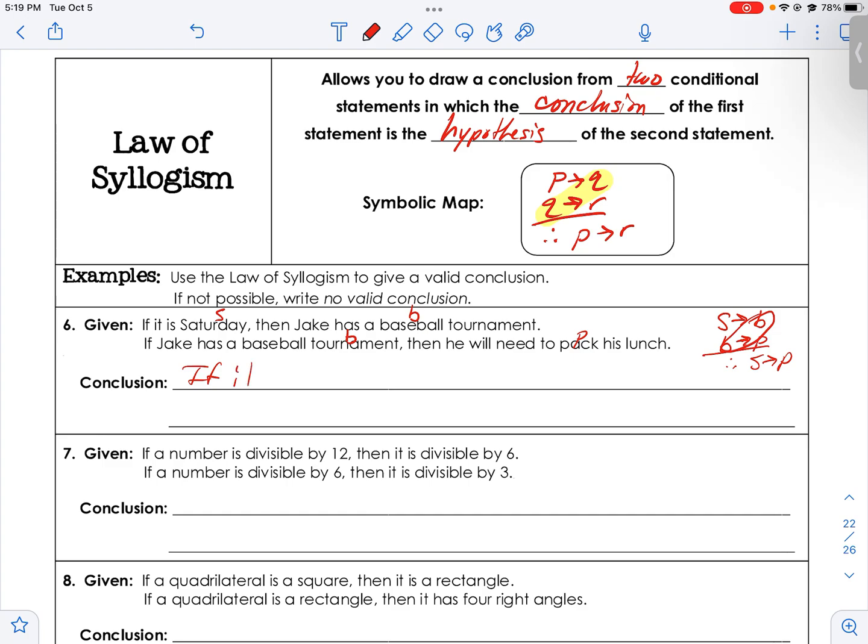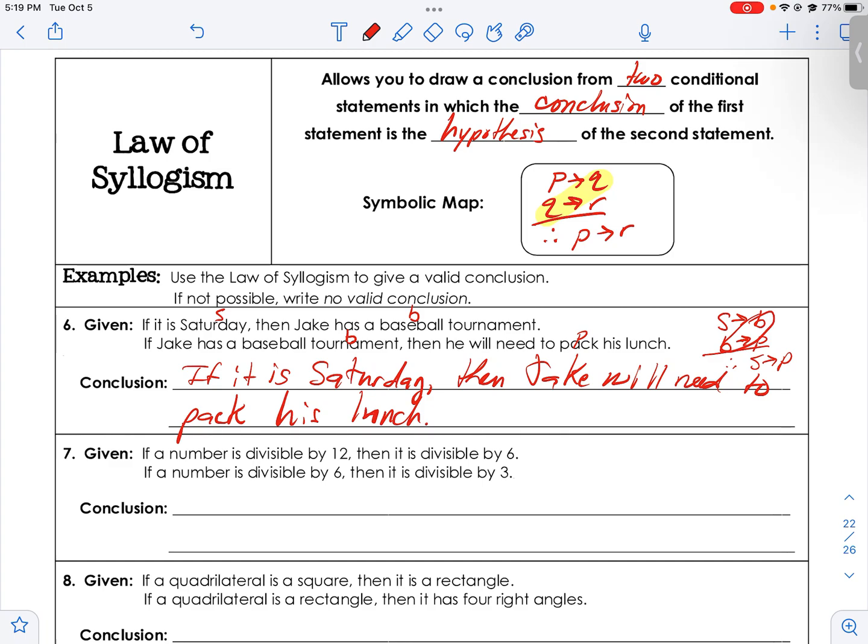If S, then P. So if it is Saturday, then Jake will need to pack his lunch. It has to be that diagonal connection. It has to be the end of one goes with the beginning of the other.